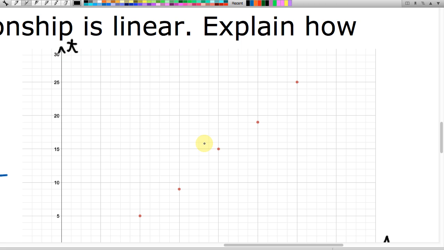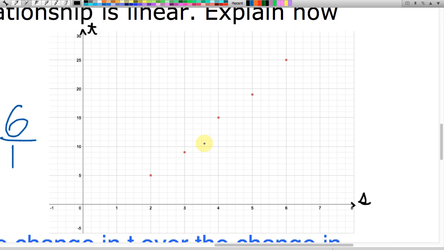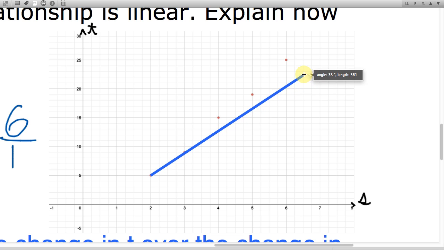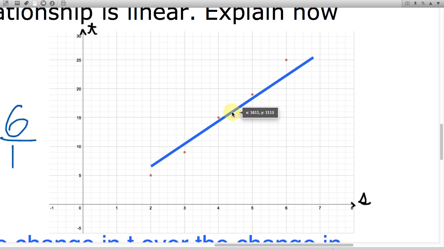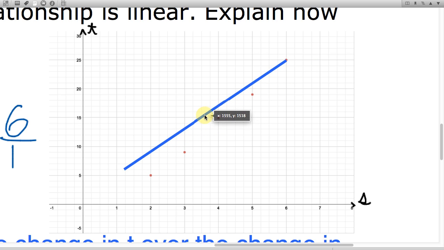Now, if I were to try to connect all of these dots with a nice straight line, I'd have some difficulties in doing that. It's because of the fact that this is not a linear relationship. So connecting this dot and this dot, hey, there's a straight line. Yeah, but if I continue it, it doesn't line up with the rest of them. I mean, here we've got a slope of 4, and here we've got a slope of 4, but at other places it just doesn't work out.